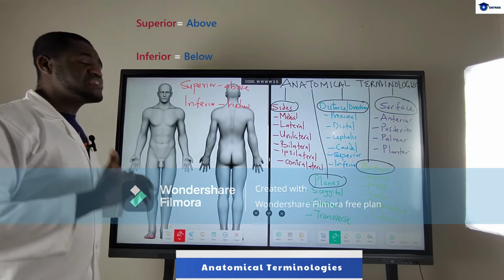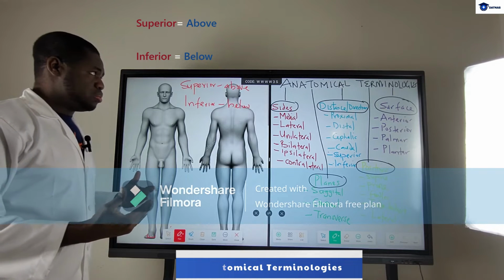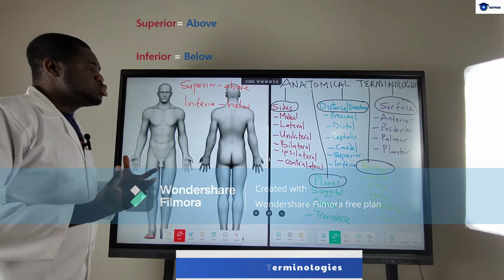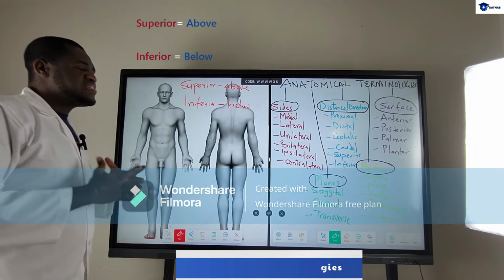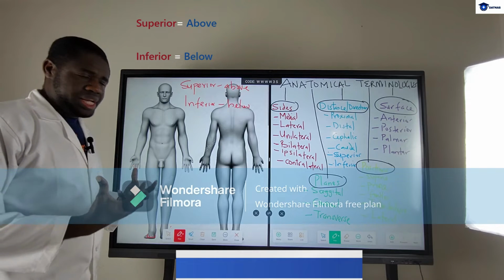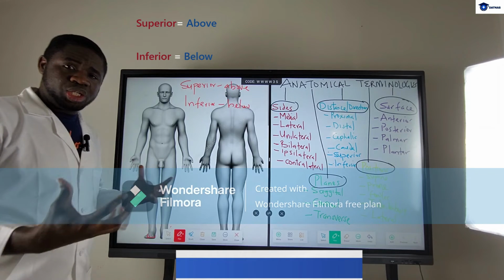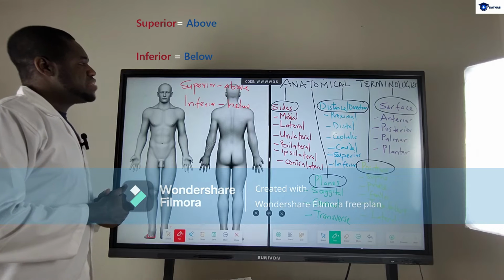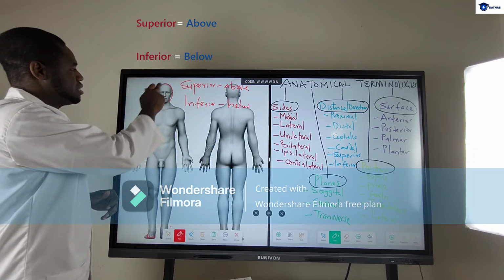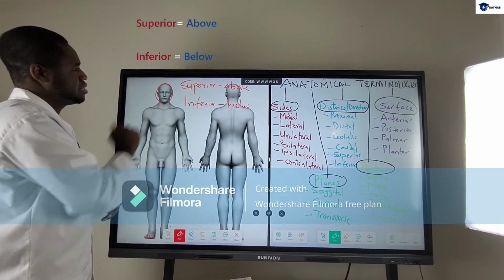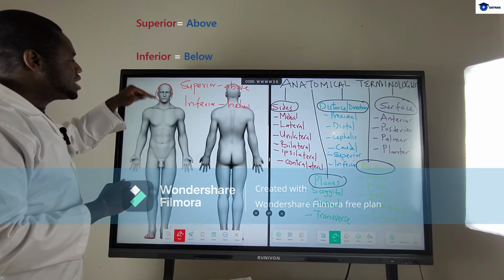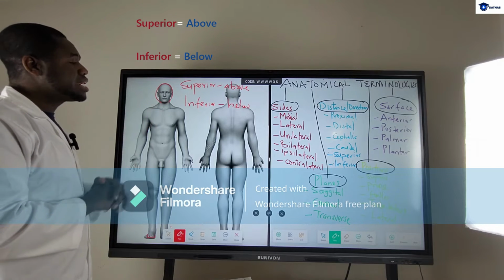Everyone knows what inferior means. So we often use these terms to define our positions in a company, in an organization. For instance, if I say the head is superior to the neck, that is, the head is above the neck.